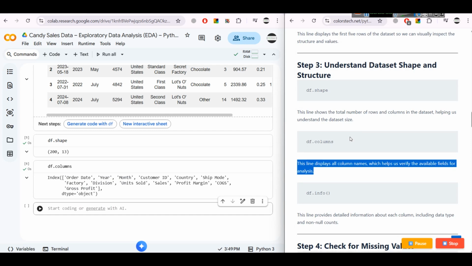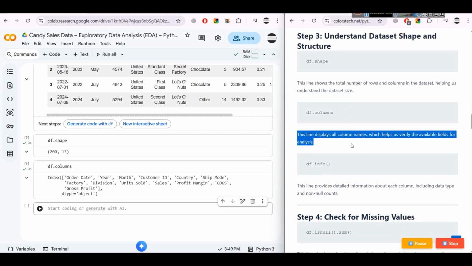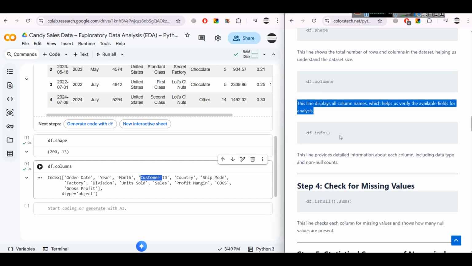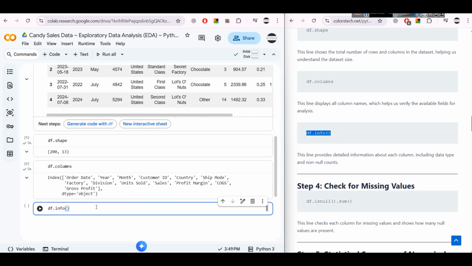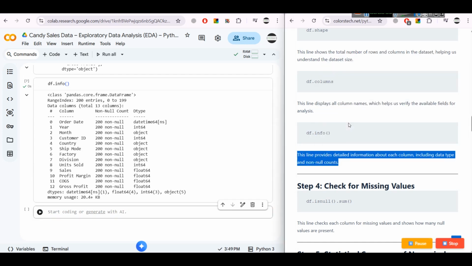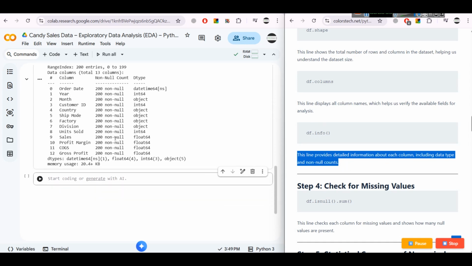This line displays all column names, which helps us verify the available fields for analysis. This line provides detailed information about each column, including data type and non-null counts.